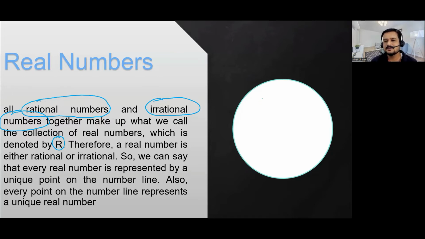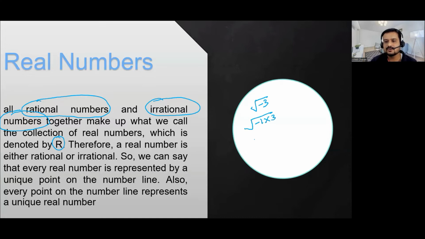So can you give me the examples now? Yes, all whole numbers, natural numbers, they are real numbers. Yes, Ashish, under root of minus 3 is not a real number. Correct. Under root of minus 3 is not a real number. It is a complex number because if the minus sign comes inside the root, we can write it as under root of minus 1 multiplied by 3.